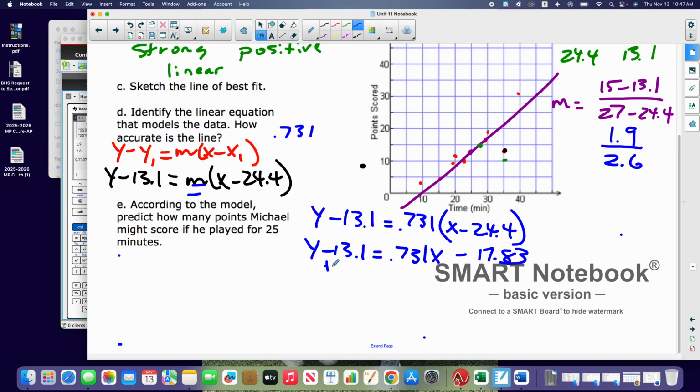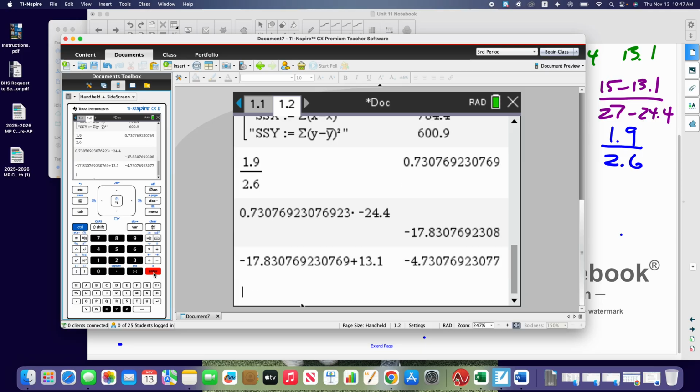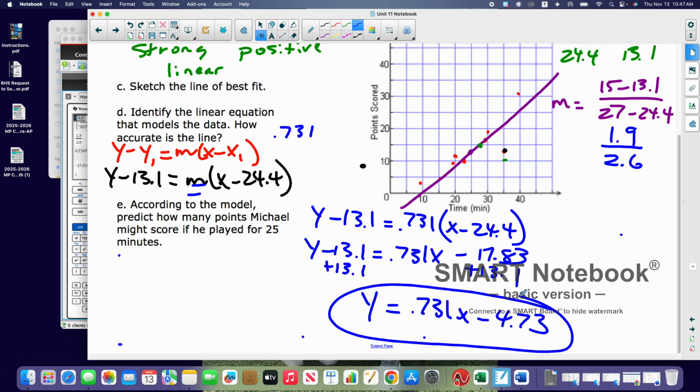And then I'm going to add the 13.1. Okay, so I got negative 4.73. So y equals 0.731x minus 4.73. That would be my line of best fit.